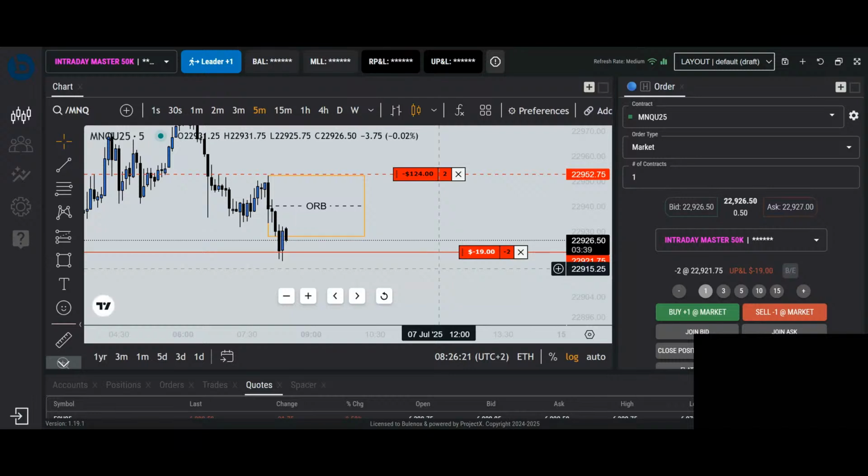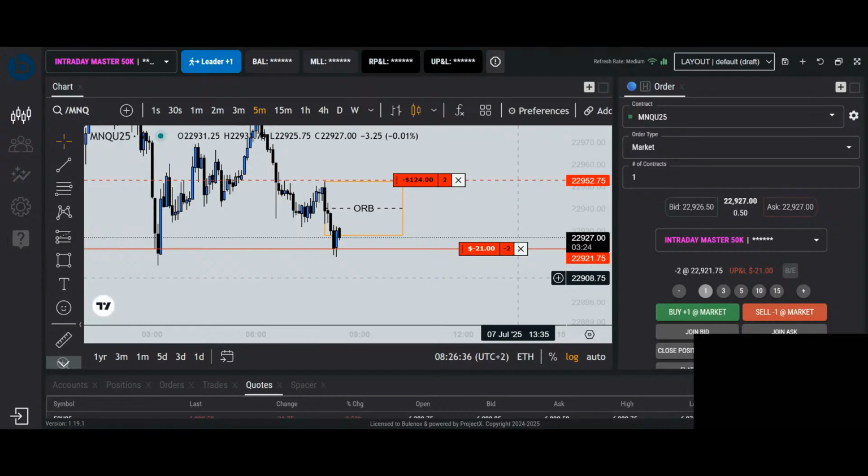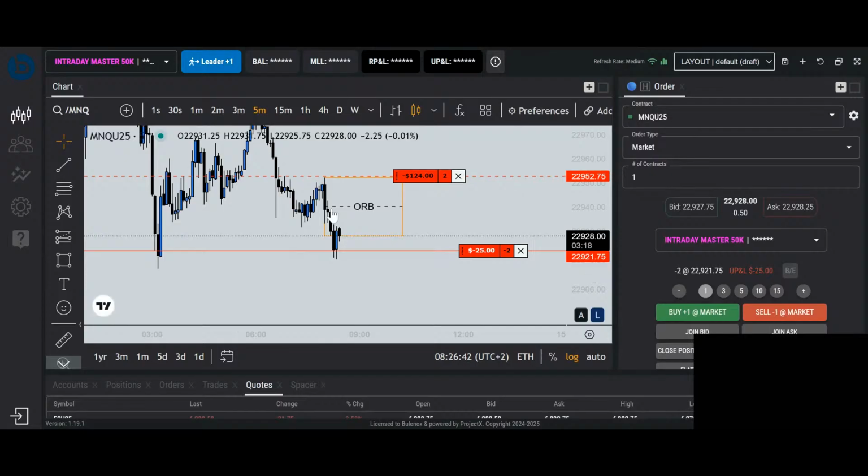I found it important to also teach you this, so that we can add again to our winning trades to make more profits, because that's the best formula that you can have: to make big winnings and small losses.